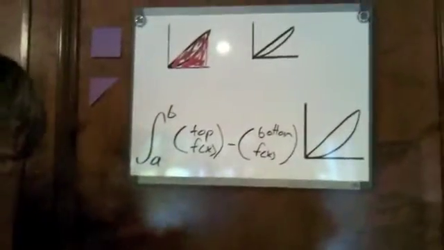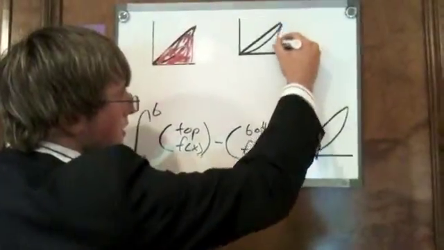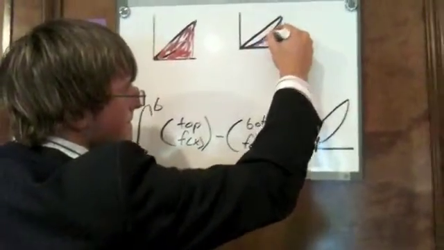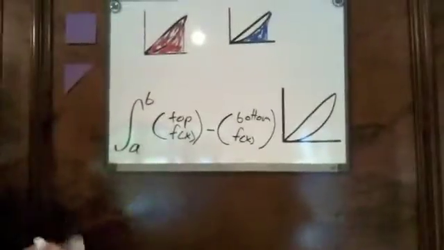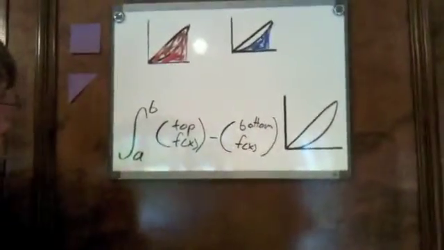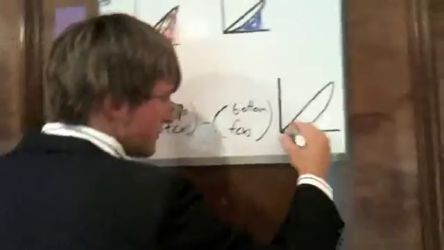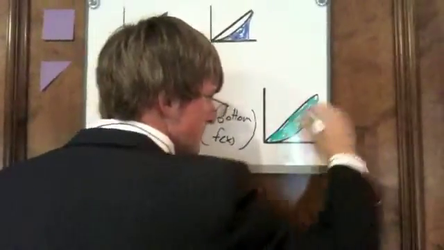Take the area under the curve of the bottom function, and it will be this area right here. If we take the area of the top function and subtract the area of the bottom function, we'll get the area in between the two functions.